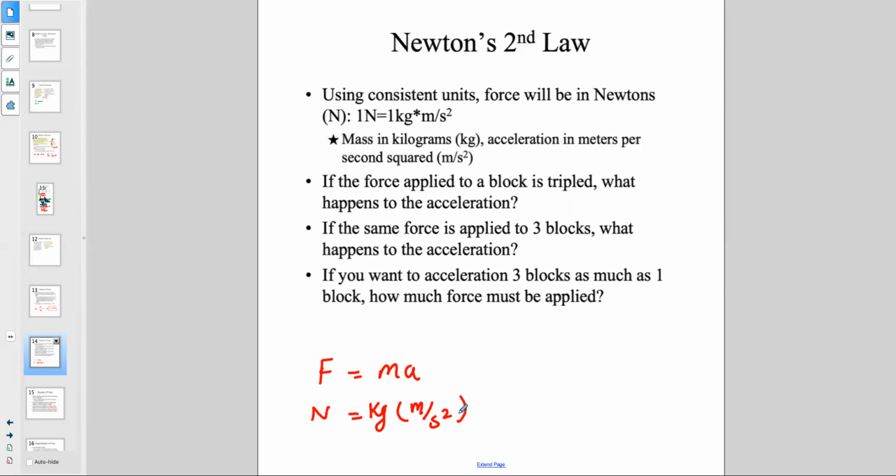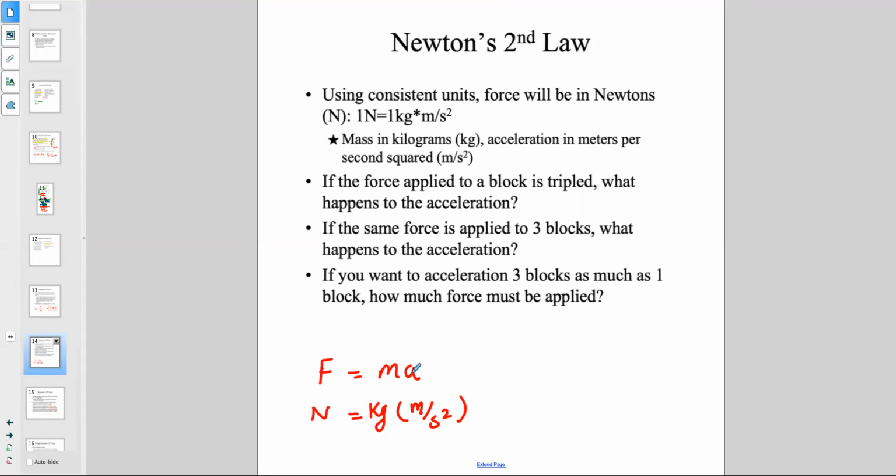If the force applied to a block is tripled, what happens to its acceleration? So if I multiply this F by 3, mass is the same anywhere in the universe.